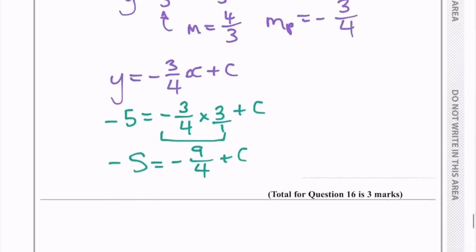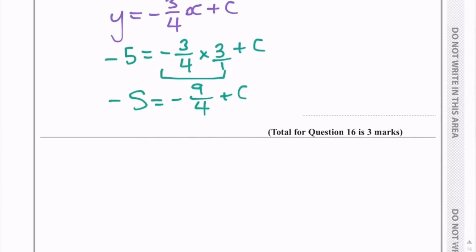Now you've got a calculator, so you can probably do this quite easily on your calculator, but I'm just going to think of this as a mixed number instead. Nice good non-calculator skill. So 4 goes into 9 twice, with a remainder of 1. So it's negative 2 1/4.